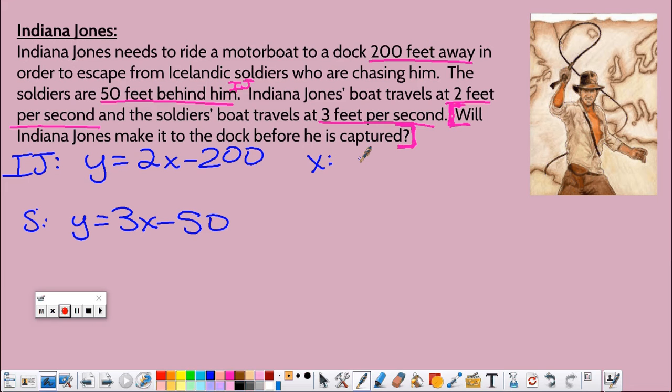X was feet per second. And then your y value is what? Feet away from what? Okay. So, distance from dock? Sure.